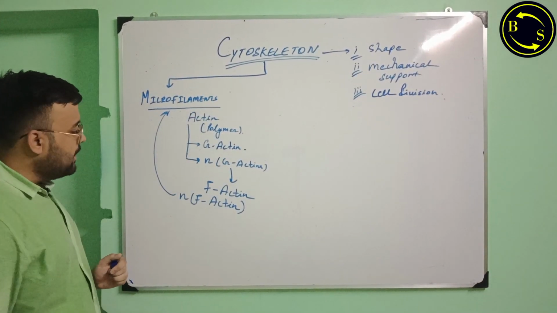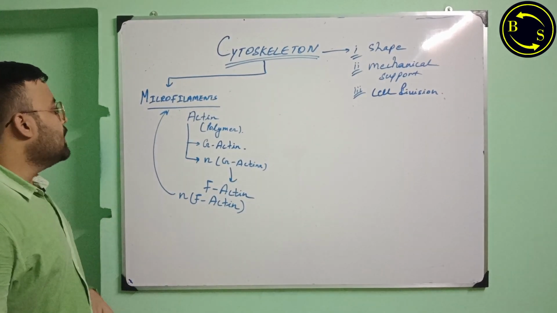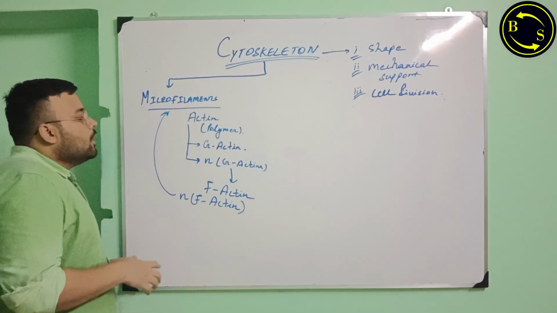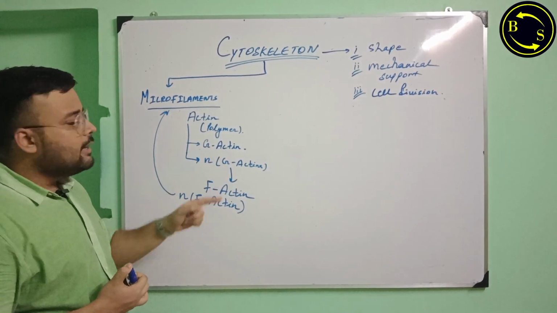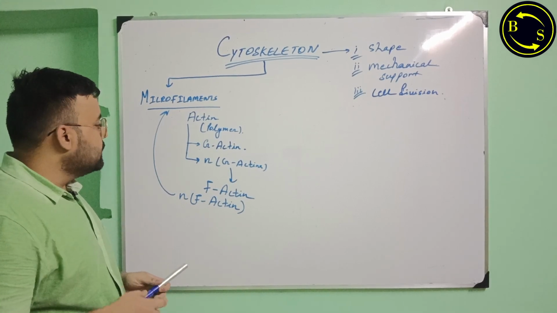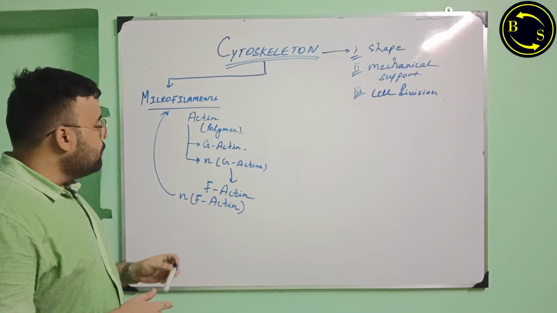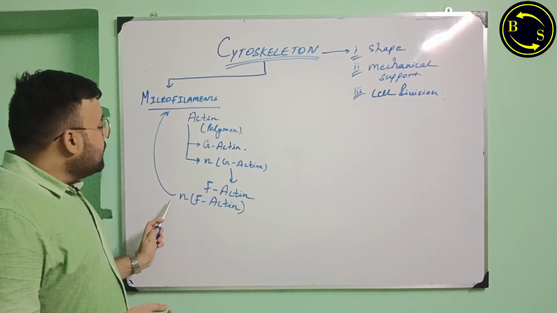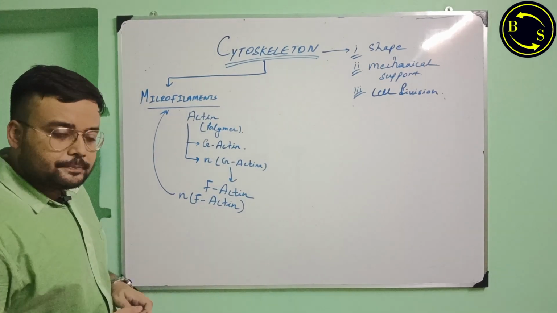the microfilaments. So, to recapitulate, microfilaments are made up of actin. Actin is a polymer, it is a protein. Now, these polymers are made up of G-actin or globular actin monomers. N number of G-actins aggregate together to form the filamentous actin or F-actin, and numerous F-actin aggregate to form the microfilaments.